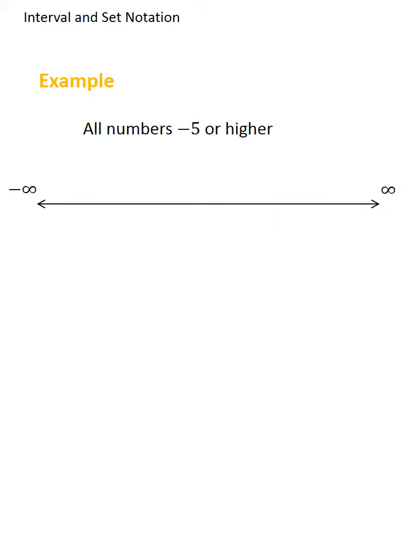Let's consider all numbers -5 or higher, represented here. This would include numbers like -3, 0, -5 itself, 12, or 13 million and change. In set notation, we would simply write the set of all x such that x is greater than or equal to -5.